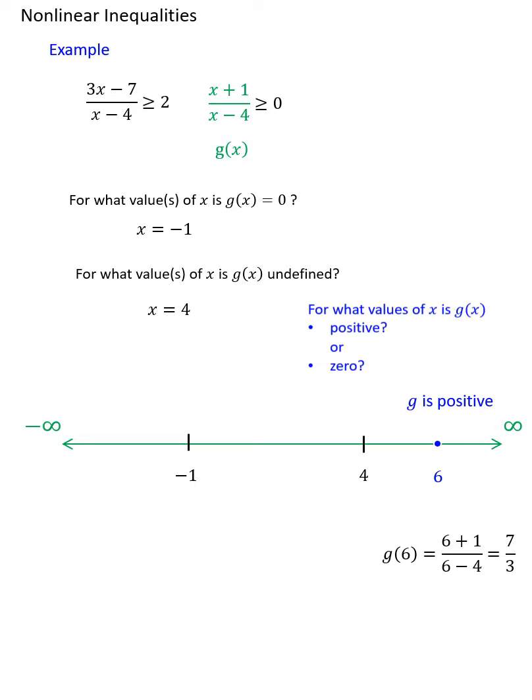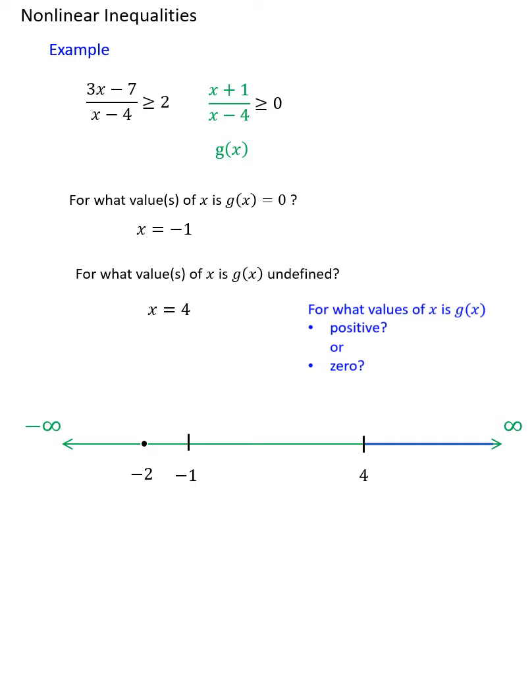The transition points are negative 1 and 4, and therefore g is not only positive when x is 6, g would be positive anywhere in the interval from 4 through infinity. That's equivalent to saying that any number 4 through infinity is a solution to our original inequality. So I found infinitely many solutions in the open interval from 4 through infinity.